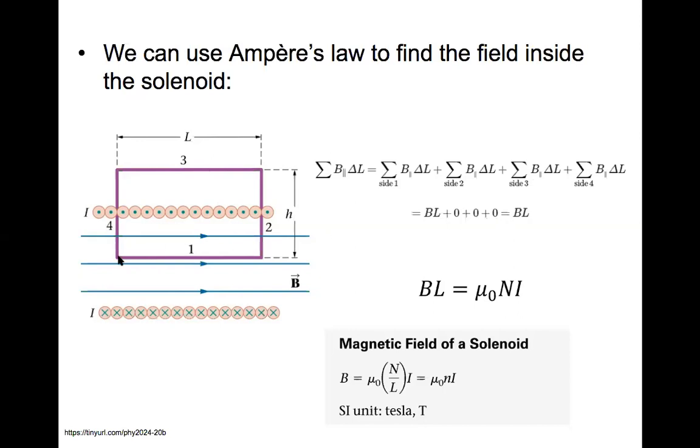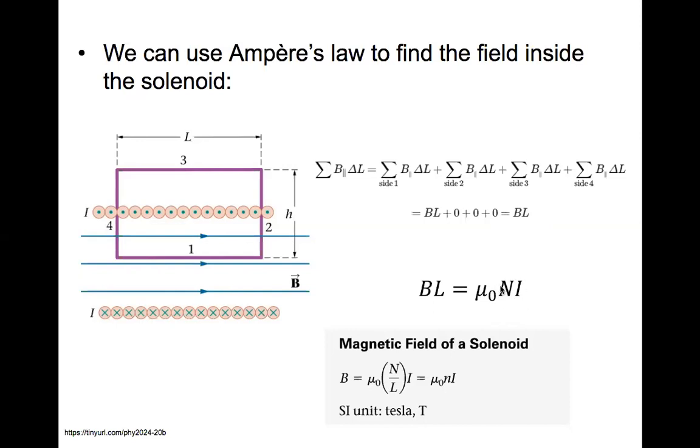So if you apply Ampere's law to this rectangular closed path, the summation of B parallel delta L is just B times L. That equals mu naught times the current enclosed.